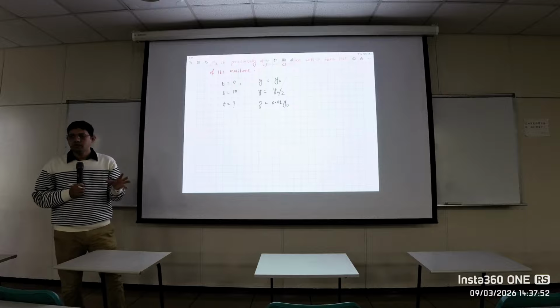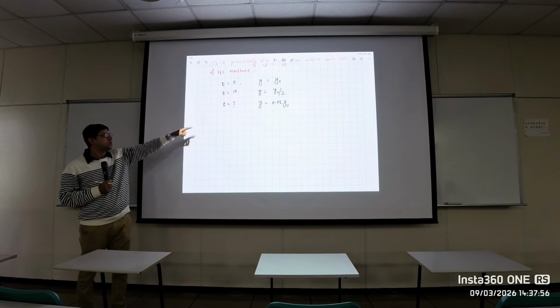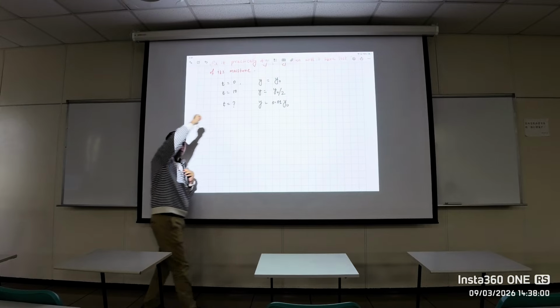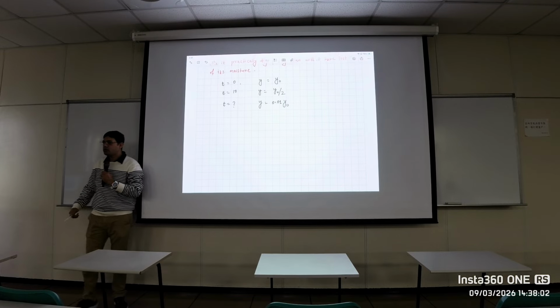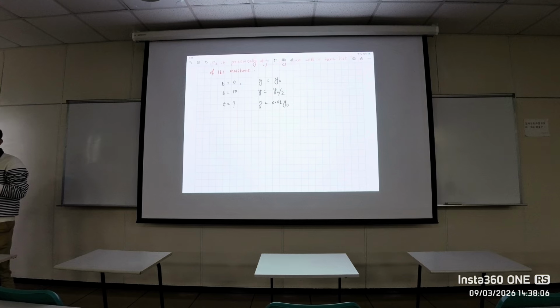Right. So this is the given information for us, and this is what we want to calculate. In previous questions we tried to find out the growth function, the function y. Here we are not interested in that. That one is given. We are interested to find out the time instead.